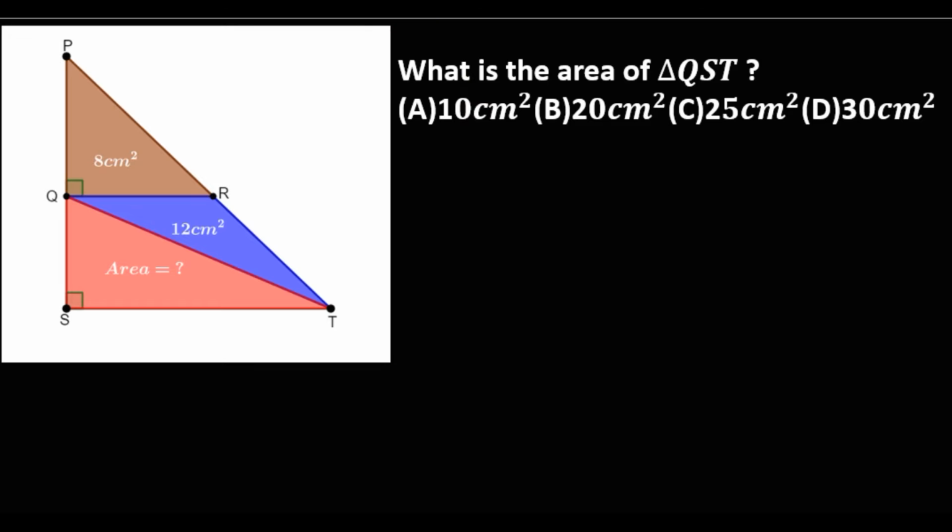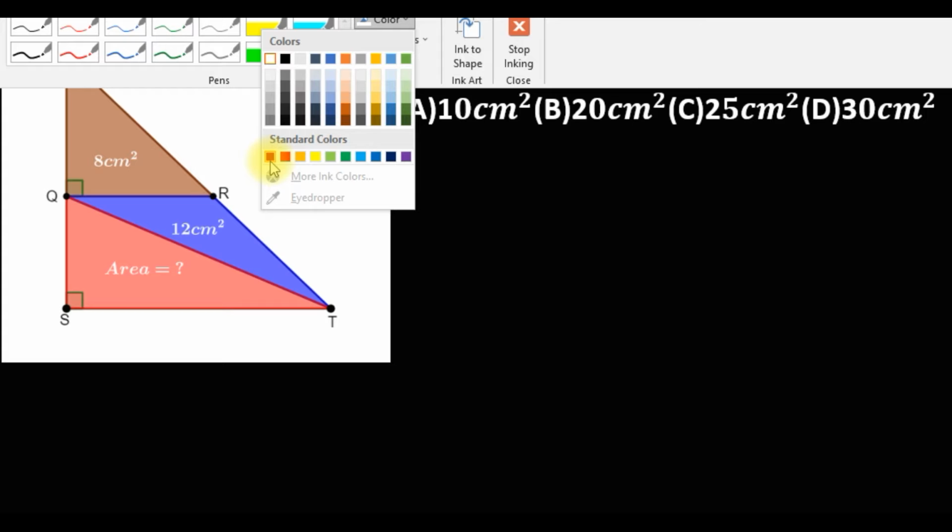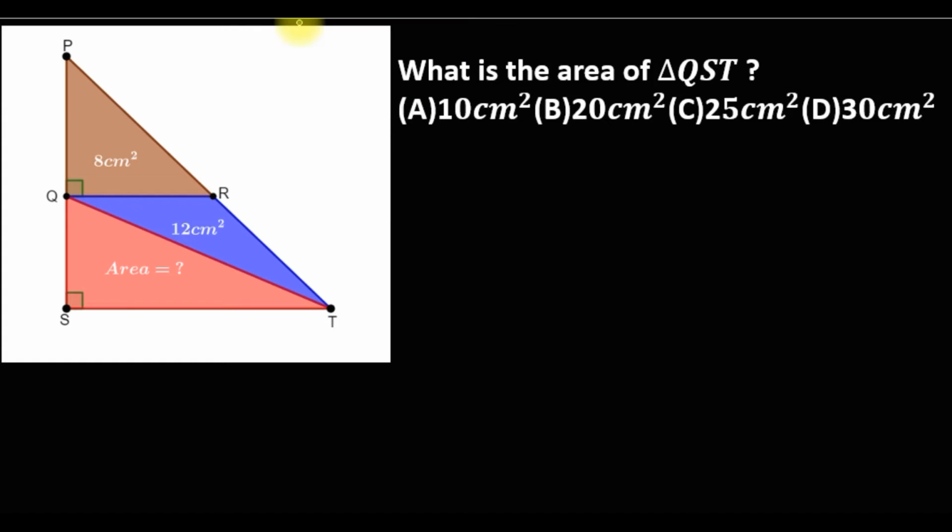So if I call the height of triangle PQR H1, and the height of triangle XQT H2, you know the height of QST and the height of QRT are the same.